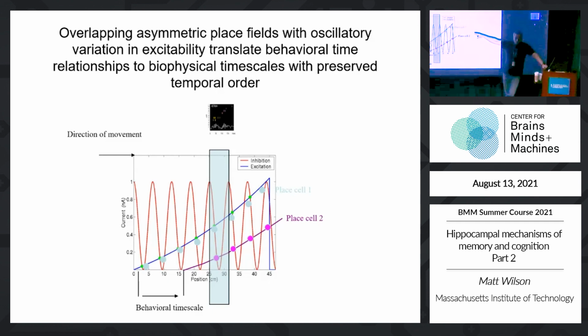Cholinergic tone is arguably necessary and sufficient, but is highly correlated with the expression of the theta or the non-theta state. High cholinergic tone, you get theta oscillations. Low cholinergic tone, you get sharp wave ripples. High cholinergic tone is associated with active locomotion, also REM sleep. Low cholinergic tone is associated with non-REM sleep, quiet wakefulness.